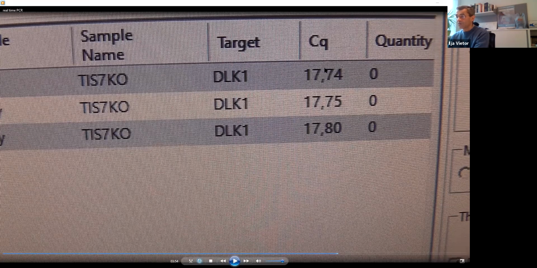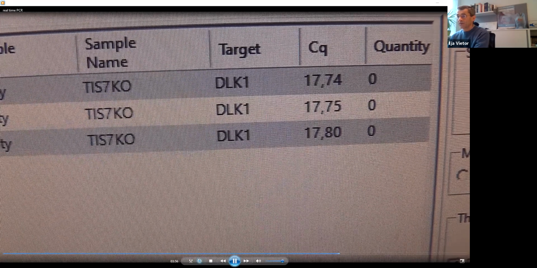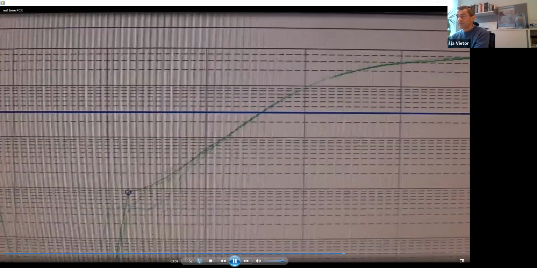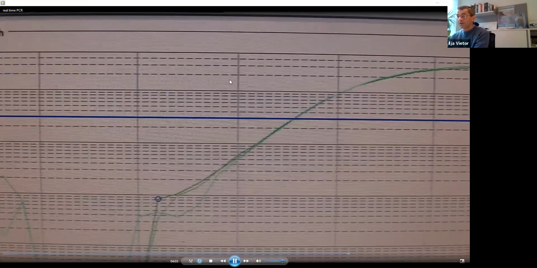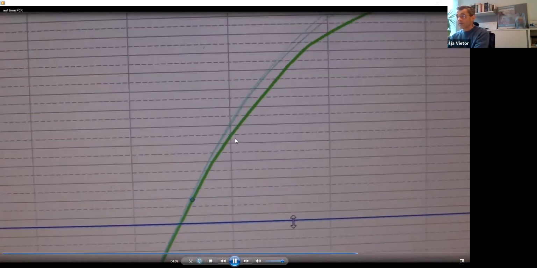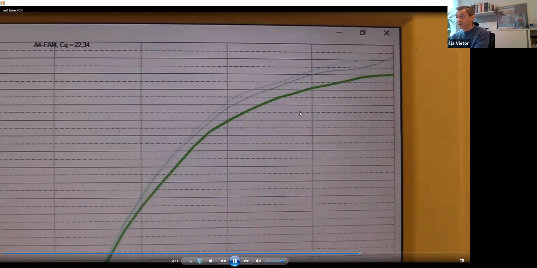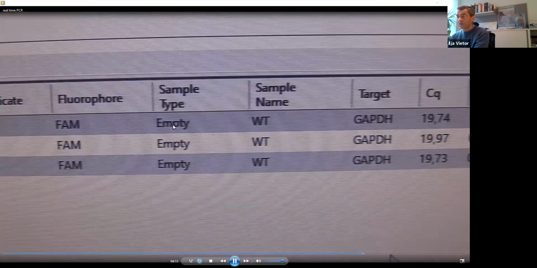So here we have much more of this product, which is DLK1. And if you look at the curves, you can nicely see that here. So we have identical curves and then reaching plateau.